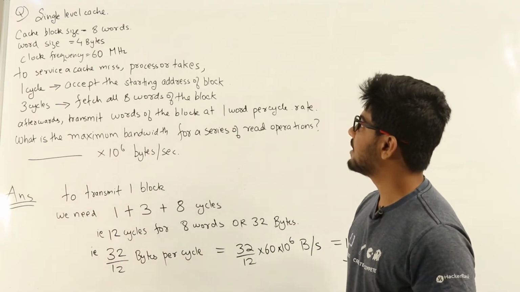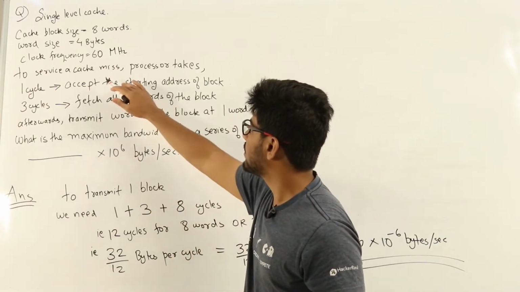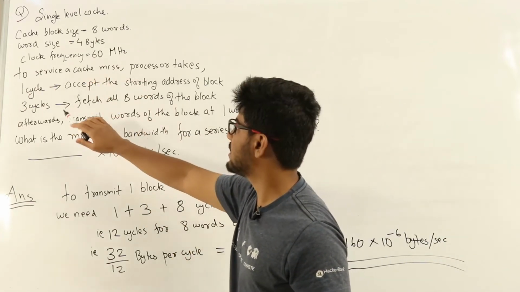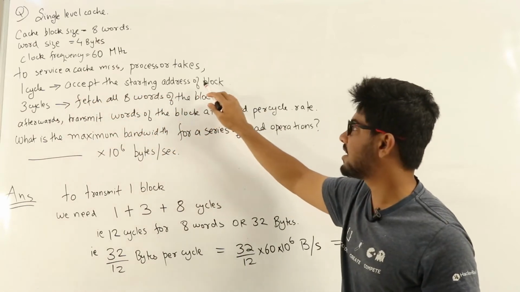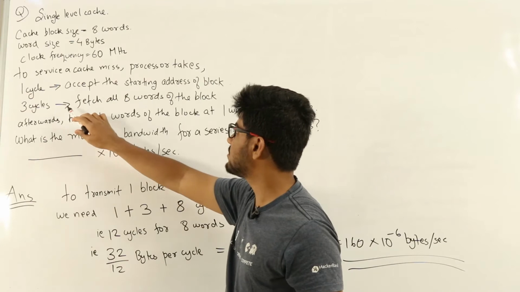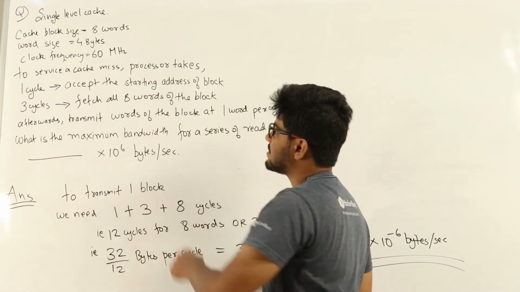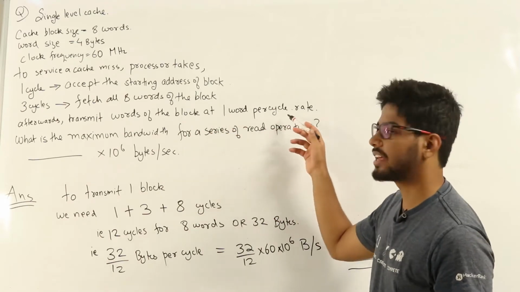So in this cache organization, they are saying that in order to service a cache miss, first it will take one cycle to accept the starting address of the block, and after that it will take 3 cycles to fetch all the 8 words of the block, and then afterwards it will transmit the words of the block at 1 word per cycle.